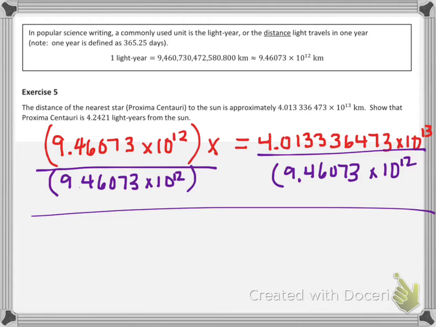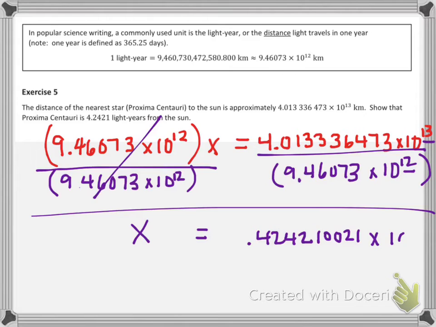And then with algebra, we see that this is just 1, or 1x, and that is equal to 4.013336473 times 10 to the 13th divided by 9.46073 times 10 to the 12th, which gives us 0.42410021 times, well, 10 to the 13th minus 12 is 10 to the 1st, or just 10.